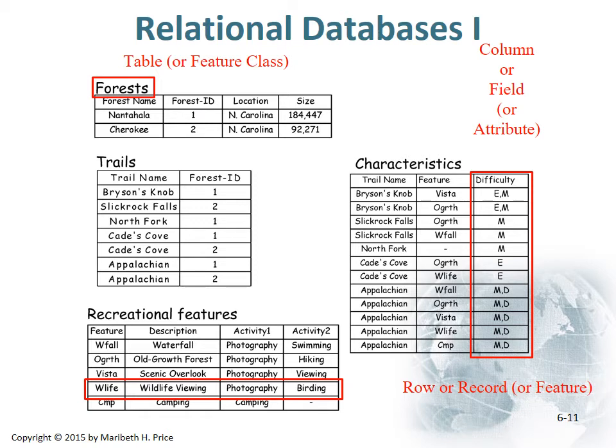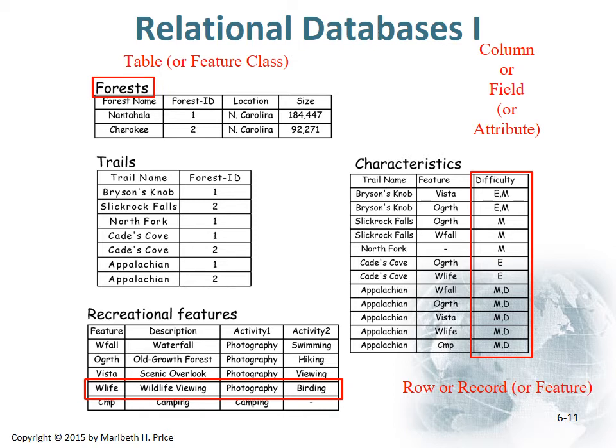So we've got our tables, which you can think of as each table being an individual feature class or an individual shapefile. It has its own characteristics on it, or attributes stored within it. And we have different tables, and these are small ones, with information about the same areas.